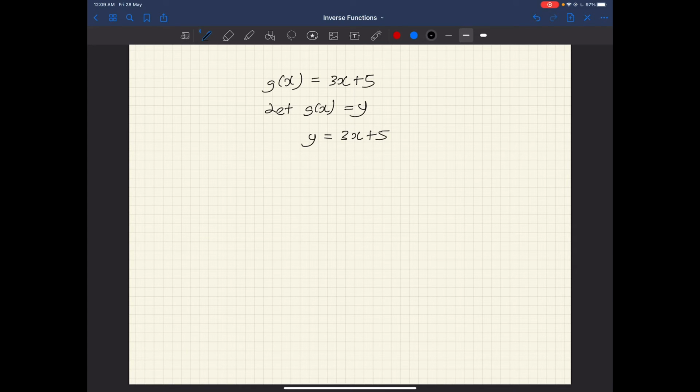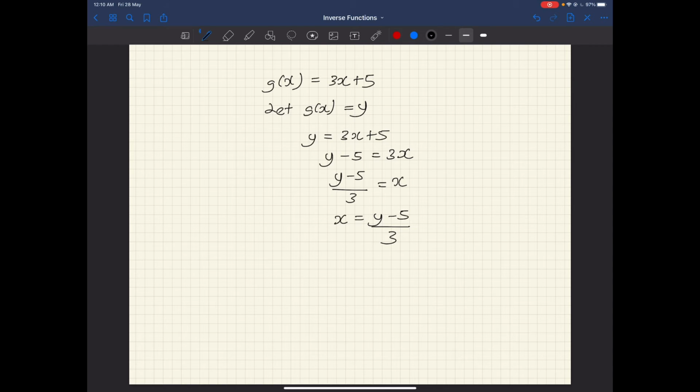Then you do the algebra: the plus 5, you move it to the left, you get y minus 5 equals 3x. And then the 3 is the product of x, so when you move it to the left, it becomes division. So x equals (y minus 5) over 3.